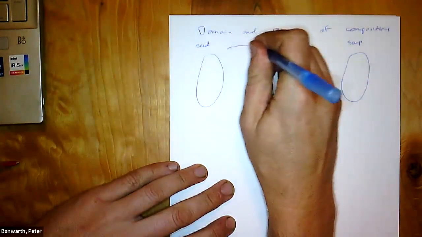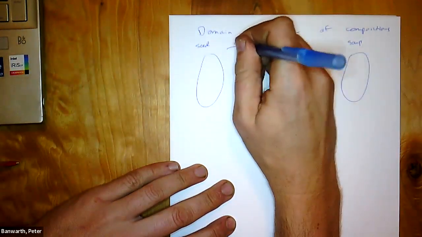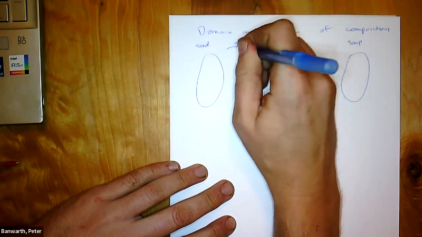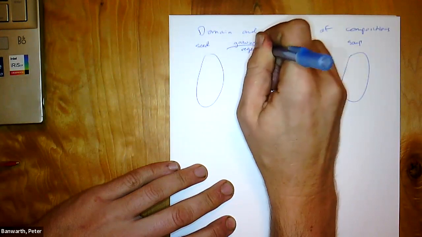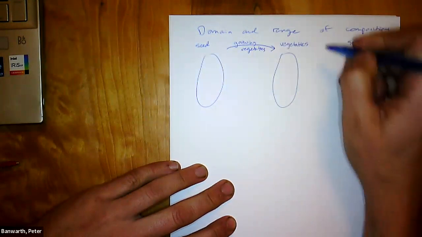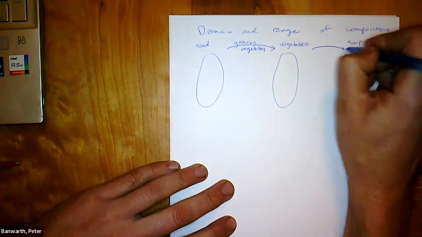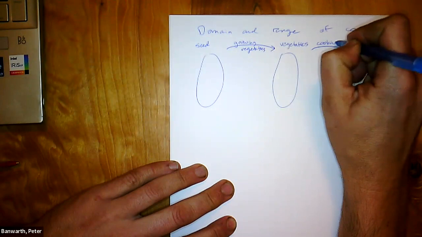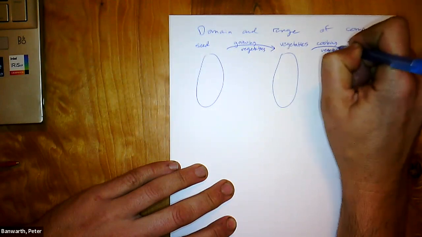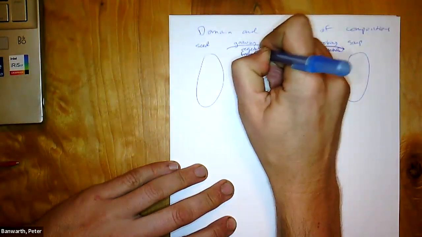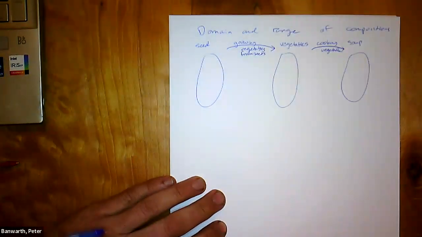So my first function I can think of as growing the vegetables. And my second function I can think of as cooking the vegetables. Growing vegetables from seeds. Let's be really clear, from seeds.